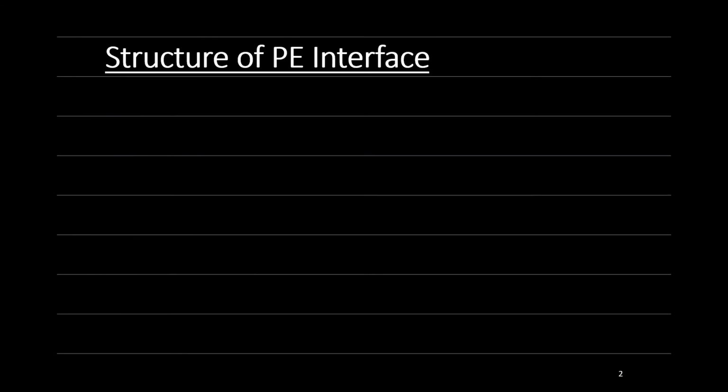In any power electronics system, you'll find that we have four main parts. Number one is the electrical load.